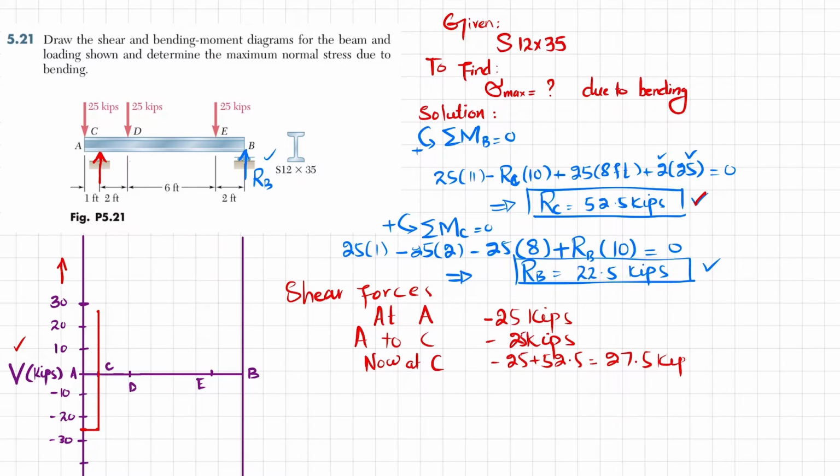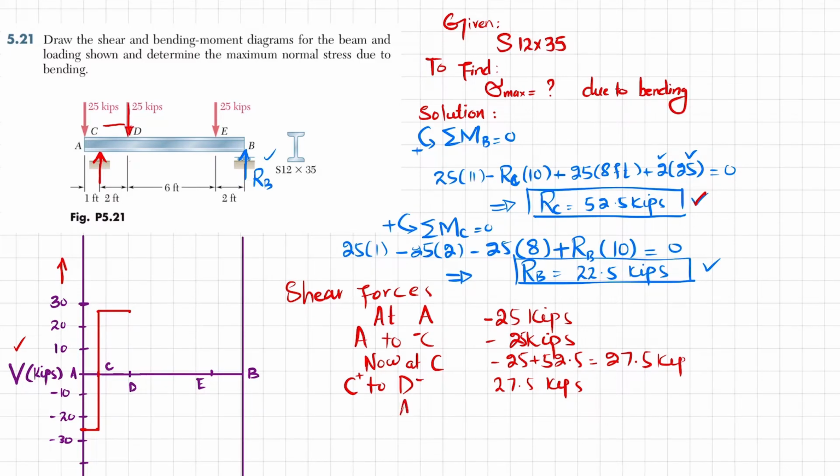Now from C, moving away from C to D, you can see this load will remain the same till point D. So let this be the point D. So this load will remain the same, it will be 27.5 kips.